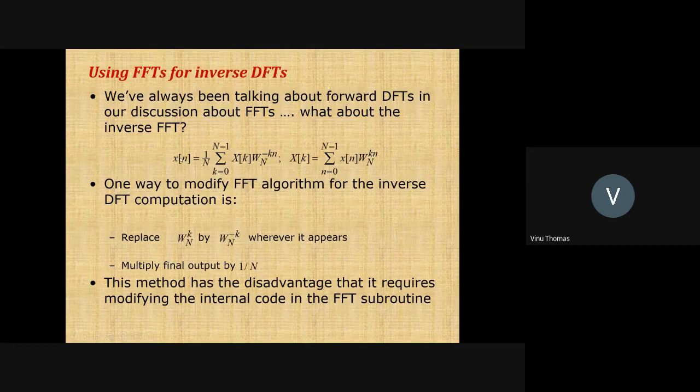So it is obvious. Replace Wn raised to k by Wn raised to minus k wherever it appears for the DIT FFT and multiply the final output by 1 by n. Is it understood? Do I need to discuss this further?